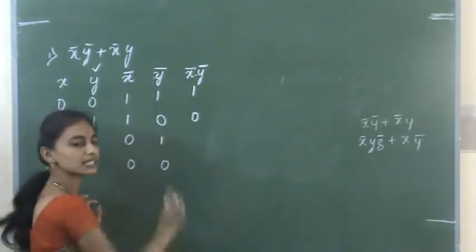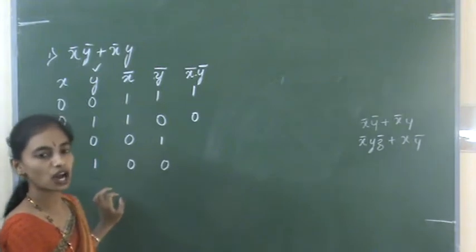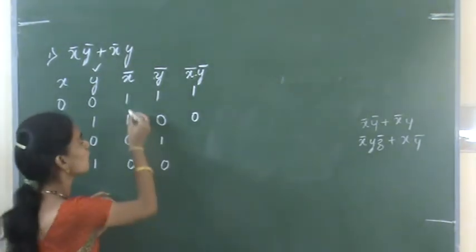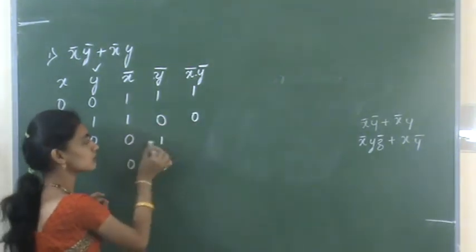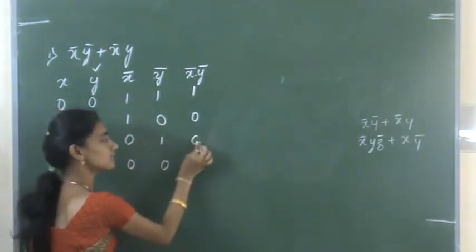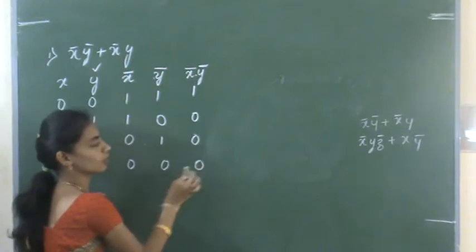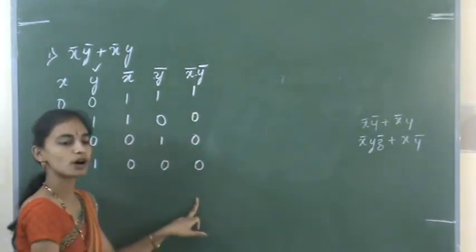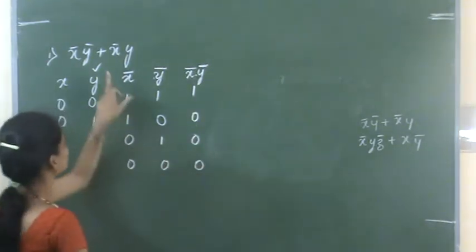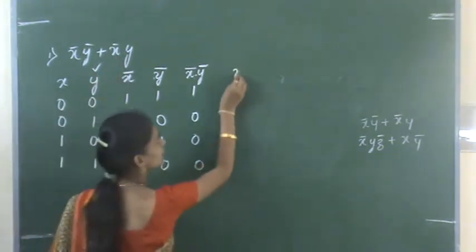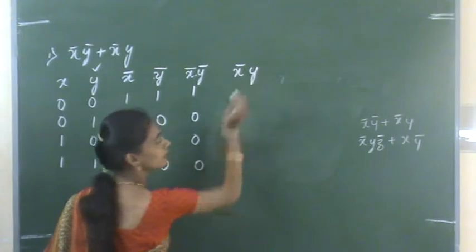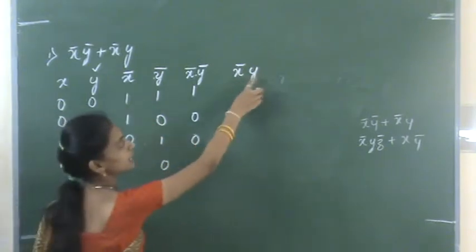As we know, the AND operator is logical multiplication. 1 into 1 we get 1, 1 into 0 is 0, 0 into 1 is 0, 0 into 0 is 0. This is how we perform the AND operation. After that we have one more AND operation to be performed, that is x bar and y.